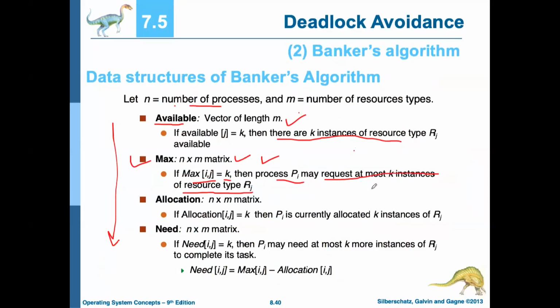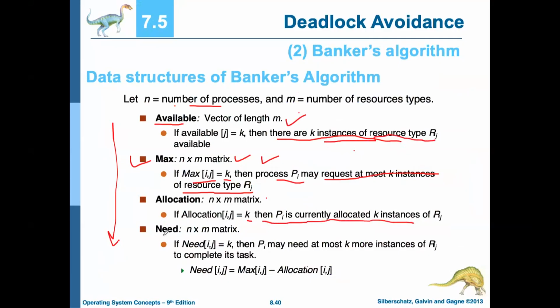The next one is Allocation, an n times m matrix. If Allocation[i][j] equals k, then Pi is currently allocated k instances of resource type Rj.